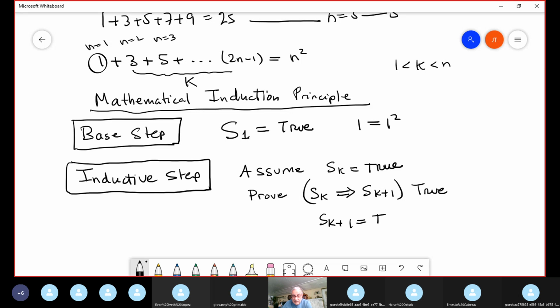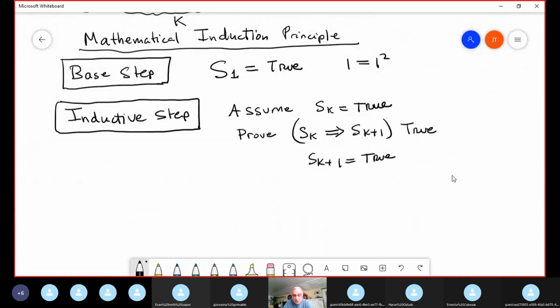Guys, this is a little bit complicated to understand because to understand this principle 100%, you need to know mathematical logic. I don't want to stop to explain mathematical logic, but it's okay, it makes sense, you know.